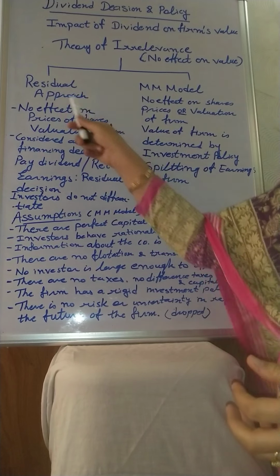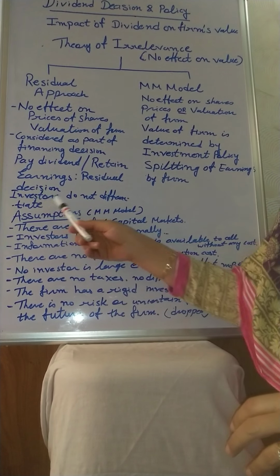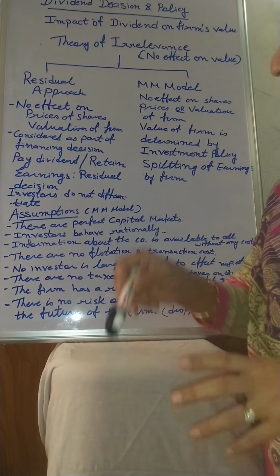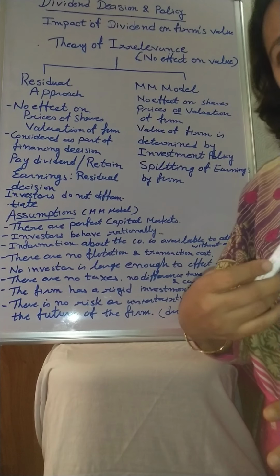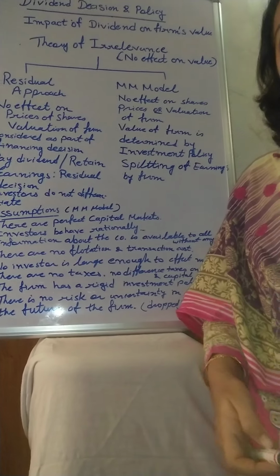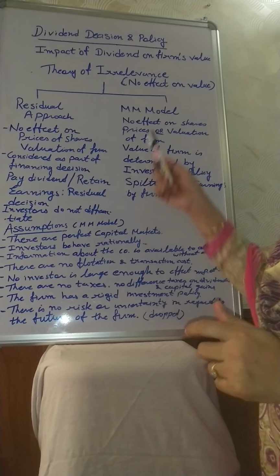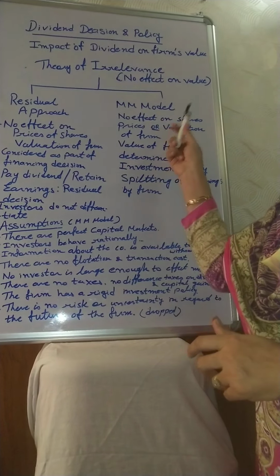The overall residual approach is based upon the assumption that investors do not differentiate whether the company retains earnings with them or they pay returns to them in the form of dividend. Now let's start with the second model. It is known as the Modigliani-Miller model.